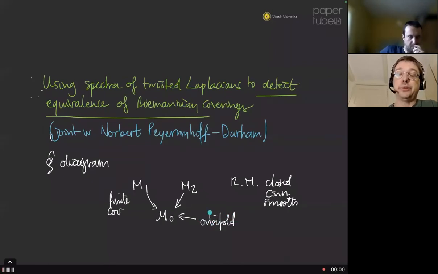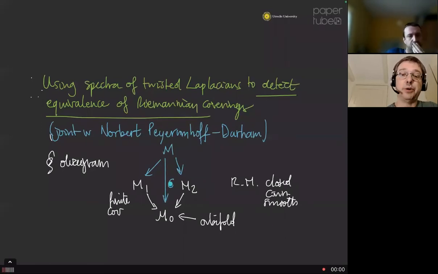Otherwise, just think manifold. If you have such a diagram, you can basically do Galois theory with this. You can find another manifold M that covers these, but is given by a group action, group quotients.